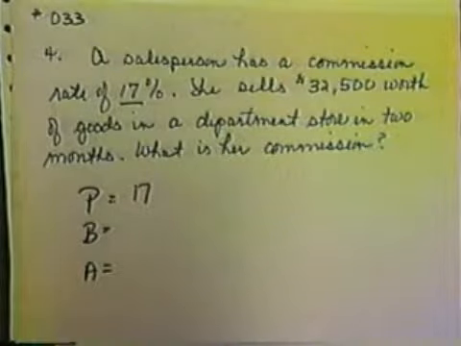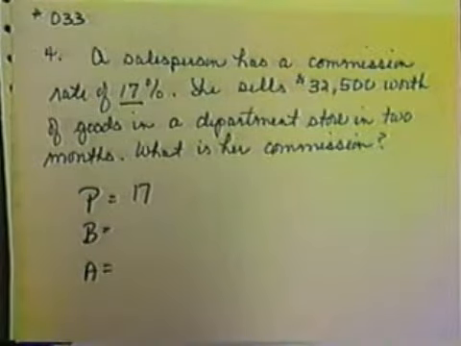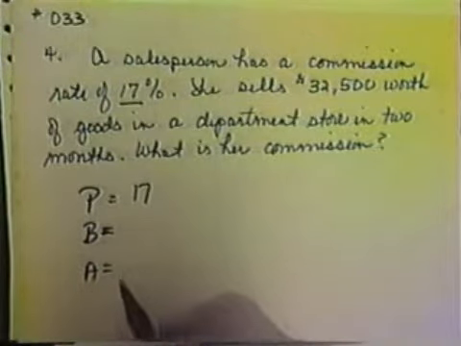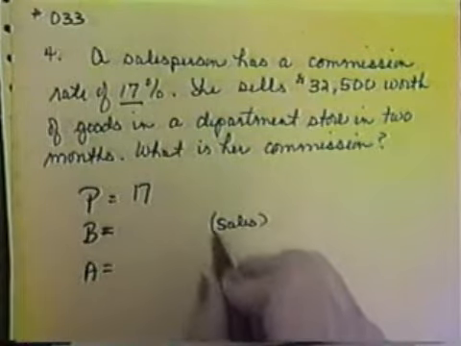Commission is always based on the sales, how much somebody sells, whether you're selling in a department store in this case, or selling automobiles, or selling Avon, or whatever you're selling. The commission is based on how much money you take in. So the base is going to be her sales. Remember, the base is always going to be the sales.